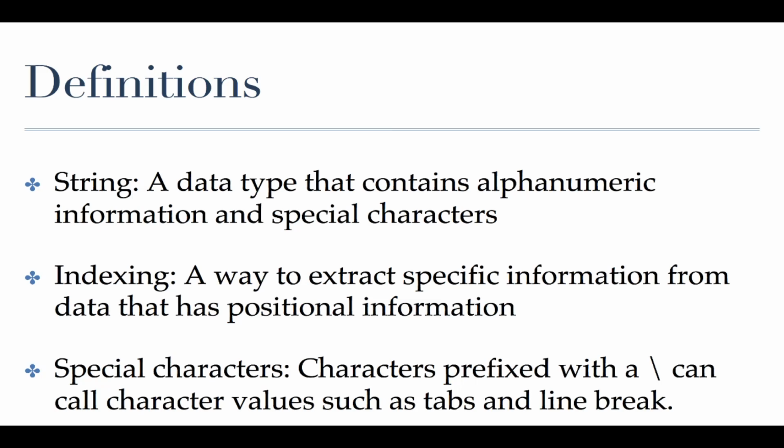And then lastly, we're going to show you some special characters, which are line breaks and tabs and stuff. Basically, in a string, they are represented by having a backward slash. I'm going to show you what that means, but if you have a backward slash and then some character next to it, it means that this is a special character that will be represented differently when that text is output.